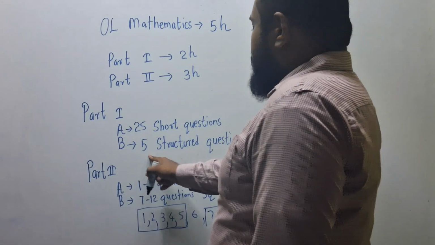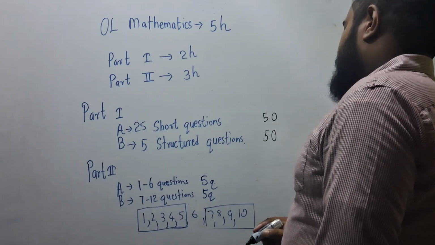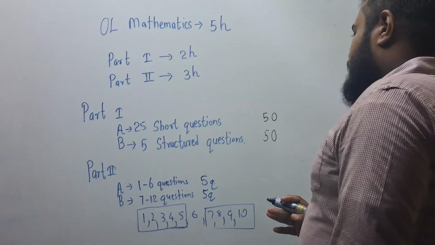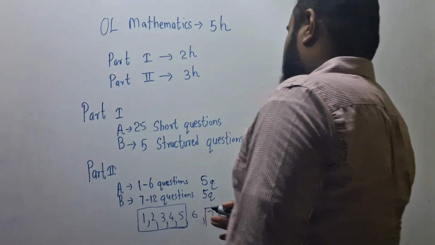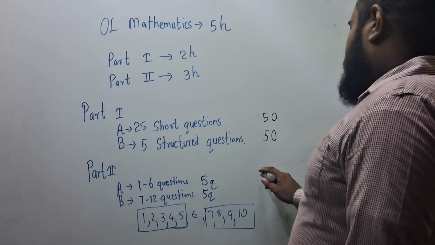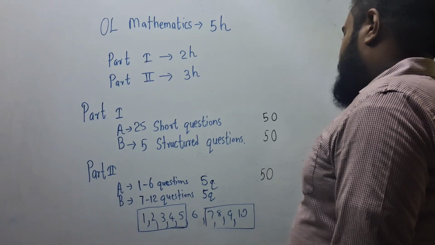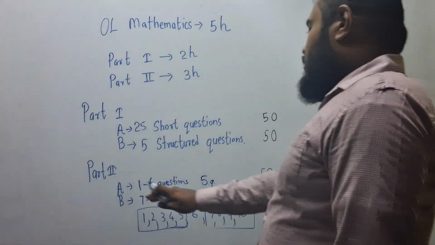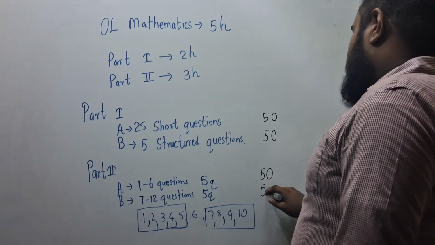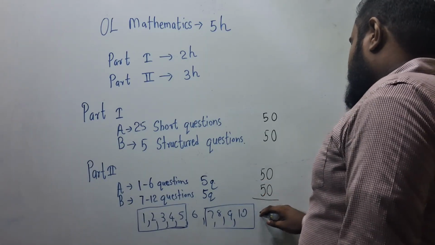For these 5 structured questions, 50 marks are allocated, so for each structured question you will get 10 marks. For questions 1 to 6, you are getting 10 marks for each, 50. For part B's 5 questions, 10 marks for each, you are getting 50. Finally, you are getting 200 marks.